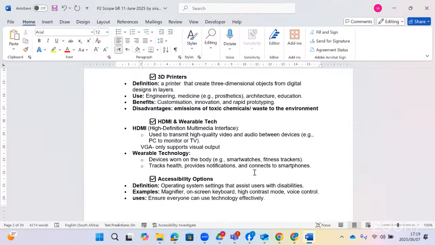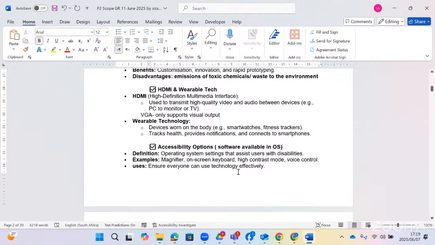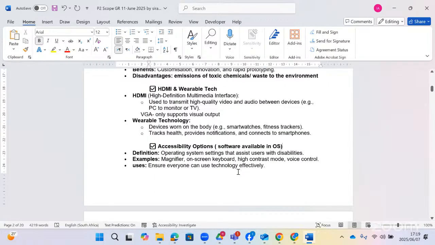Now, the accessibility options. In other words, software available in operating systems. What are some of the software that are available in operating systems that can be used to assist people with disabilities?